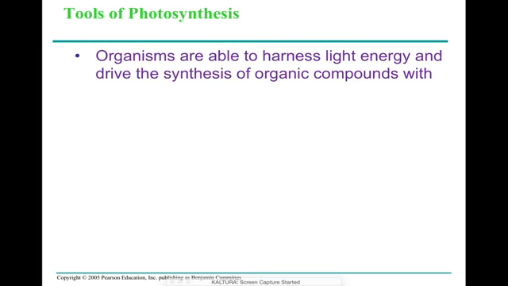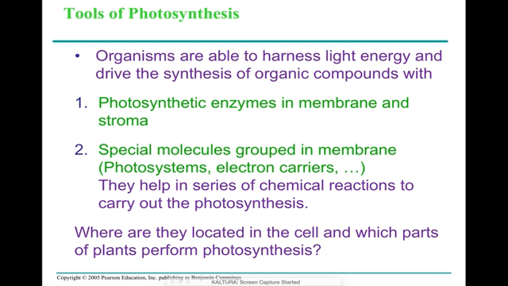Tools of photosynthesis. So for this magical process, photosynthesis, there are some little molecules that are required, and they are enzymes, which are located in the membrane of the chloroplast and the fluid part of the chloroplast called stroma. And not only enzymes, but chlorophyll. Chlorophyll is not an enzyme, it's just a special molecule.